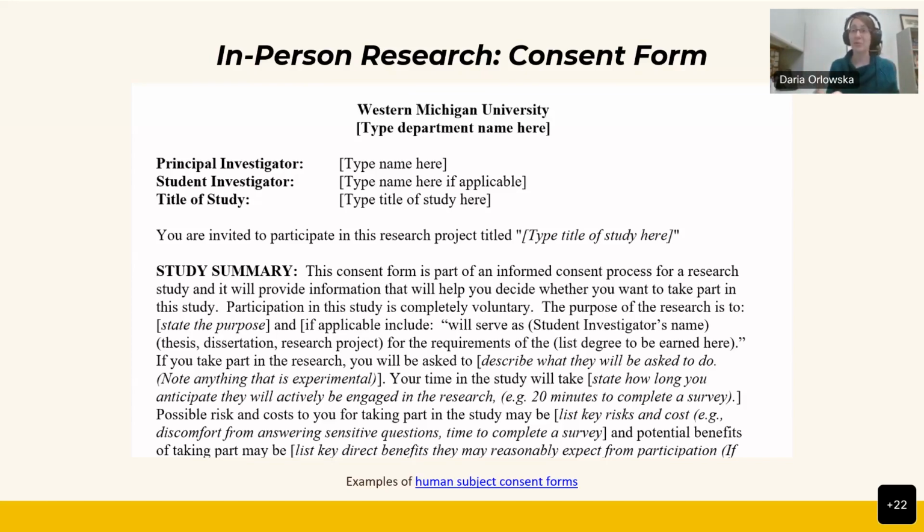Let them read through that consent form and then sit down with them and go through each section verbally in plain English so that they have an understanding and they have a chance to ask questions. If they haven't asked any questions while you're going over it with them, make sure to give them a chance to ask questions before they sign.